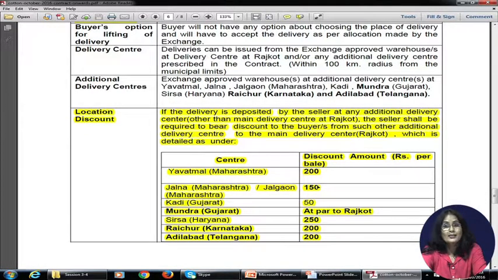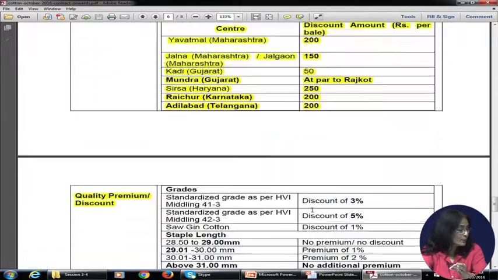Not necessarily will the buyer transfer the goods, but actually the price negotiated is with respect to as if delivery is going to happen at Rajkot. So if a seller, a short futures holder, is delivering at any other exchange approved warehouse, there will be a discount. He will not be getting the full amount.